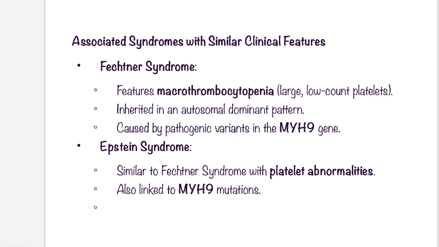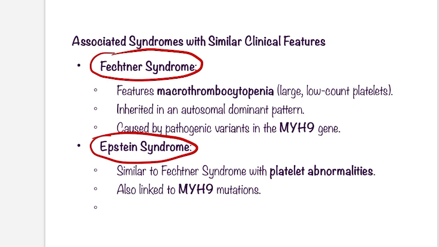Are there any syndromes associated with this? Yes, there are many. Just remember two syndromes: Fechner syndrome and Epstein syndrome. Both are similar, with similar presentation. Platelet counts are low, but the platelets are large.